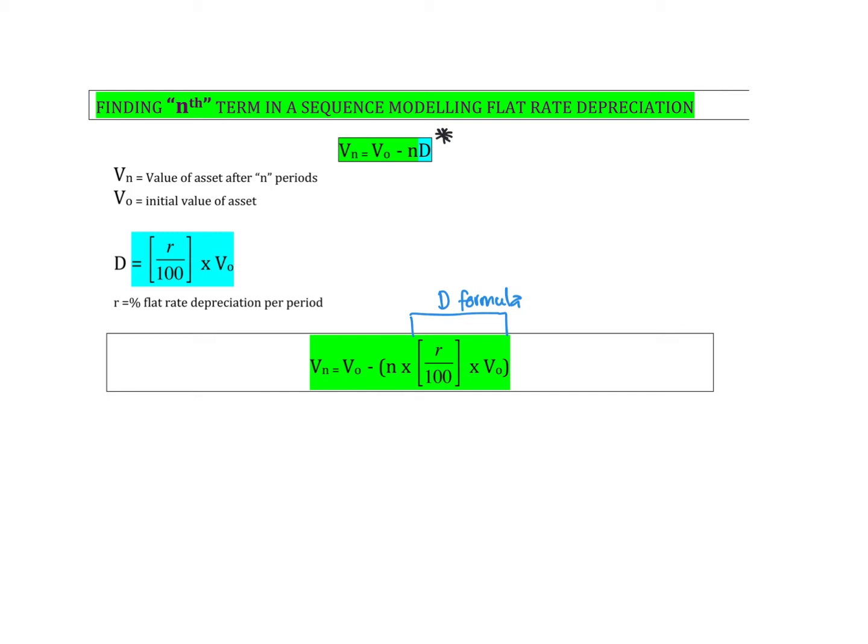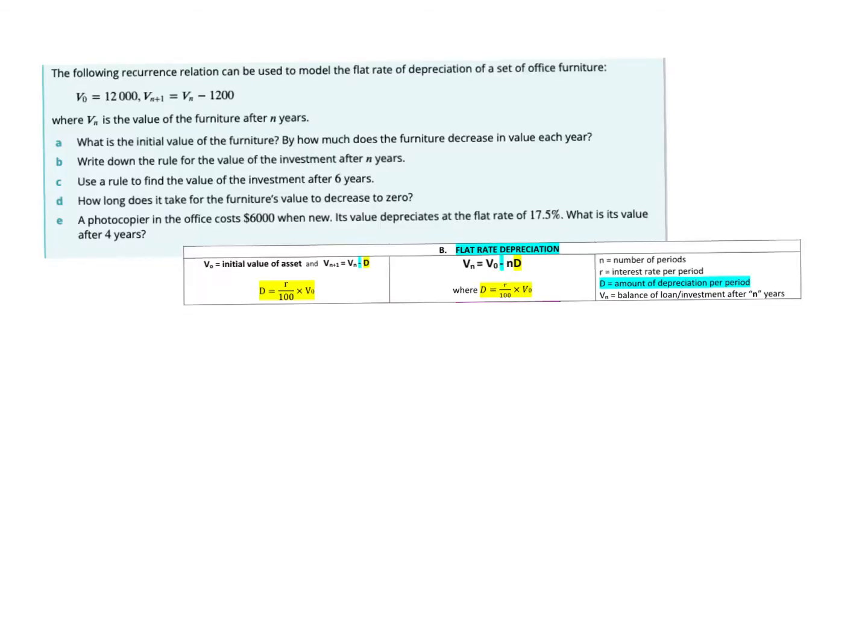So this would give us a formula that allows us to find the value of whatever we're talking about at any time. So let's move to the example. It says, the following recurrence relation can be used to model flat rate. So here, we're definitely highlighting this, flat rate depreciation.